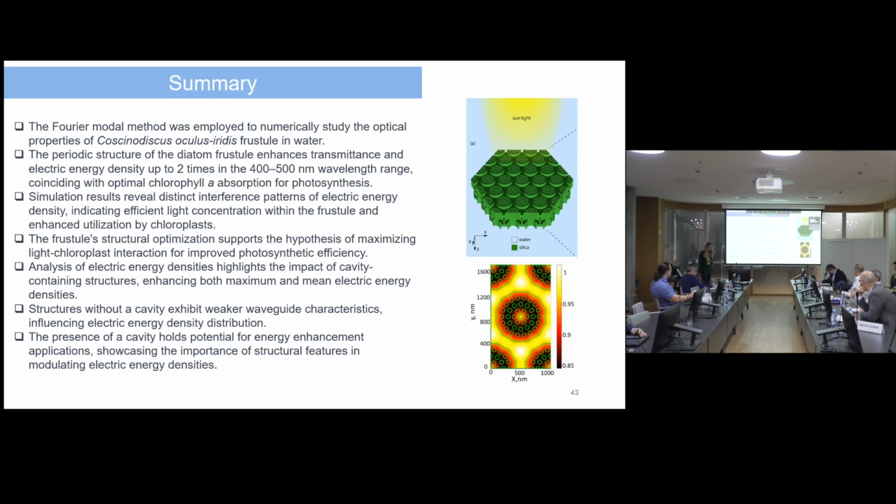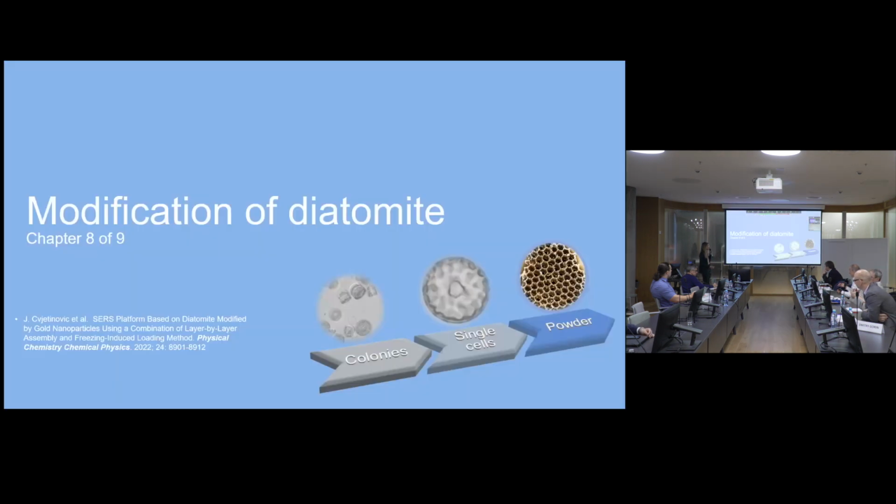But of course, it requires further investigation, not only by numerical simulation, but we also need to perform experimental studies to be able to confidently say that such a structure strongly influences the light utilization by chloroplasts and therefore influences their photosynthesis rate.